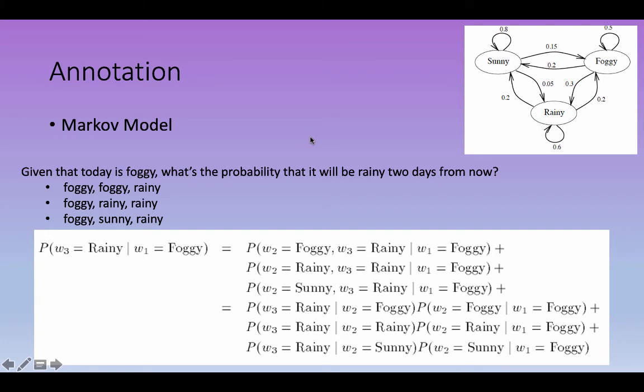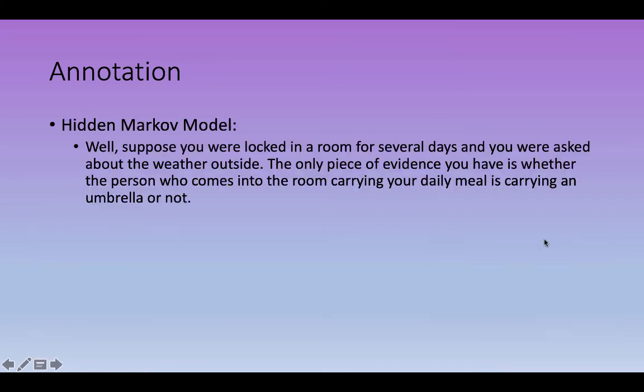I'm just trying to get us to see again that we're talking about pathways through this graph. Hidden Markov models change it a little bit more because now we're not going to be able to directly observe the weather. Why this applies well to sequences is that we will never see the intermediate steps between a lot of the entities we're concerned about.